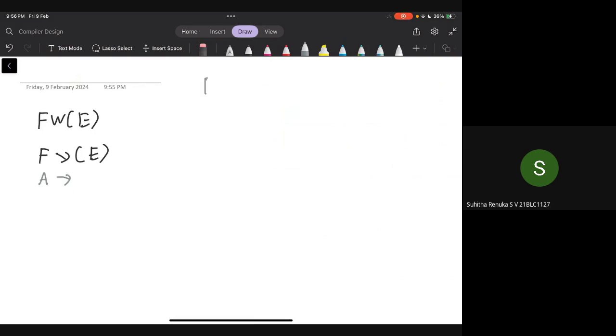Because F goes to E or ID basically means that these are two separate rules. F goes to ID is a separate rule. Just for convenience, we have written or. Why not write it separately? It's just written like that in the textbook.